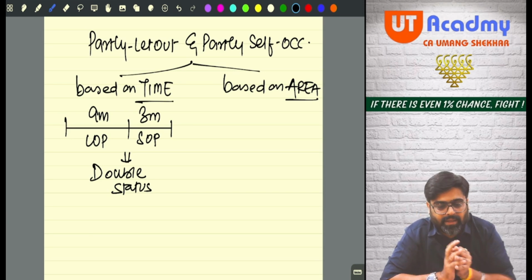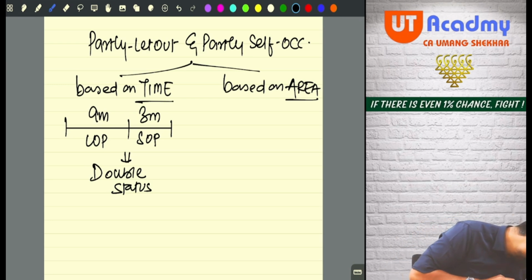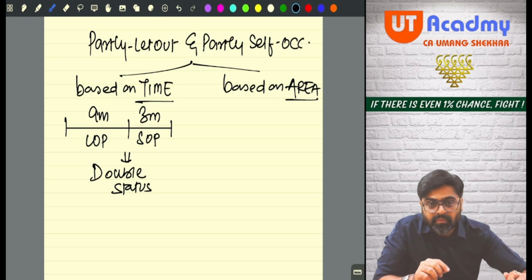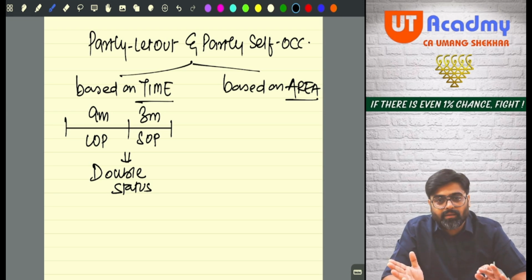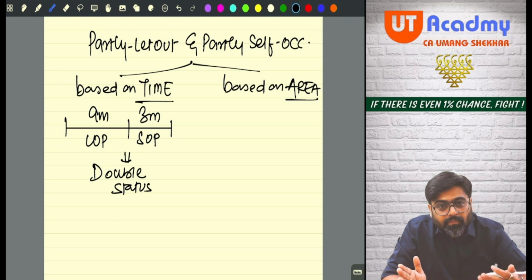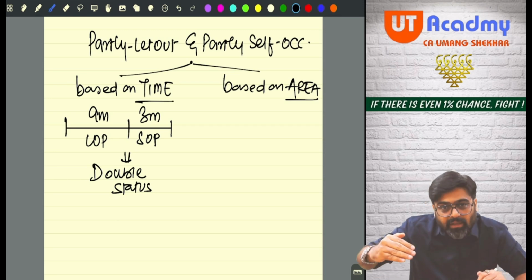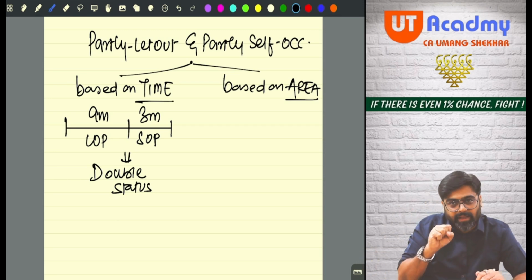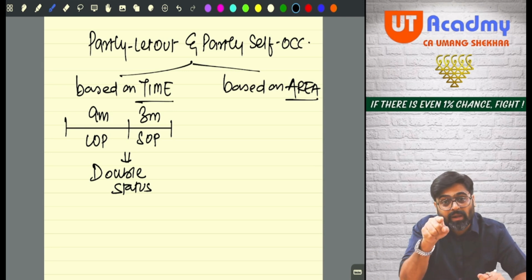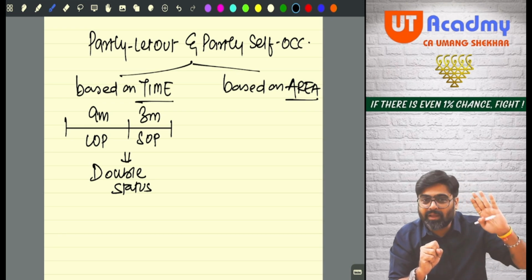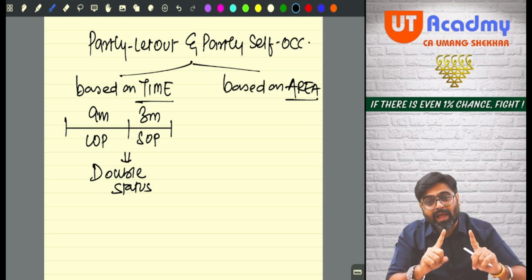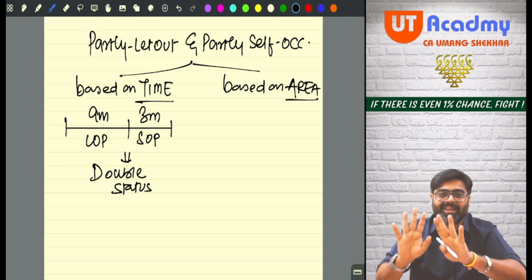But now tell me one thing. Here, are you taking benefit out of the property by giving the property on rent? Are you earning the rent? Yes. So the moment you start taking the benefit out of property, the moment you start earning the rent from the property, you cannot give the SOP status. You will have only one status for this property, and that is LOP.